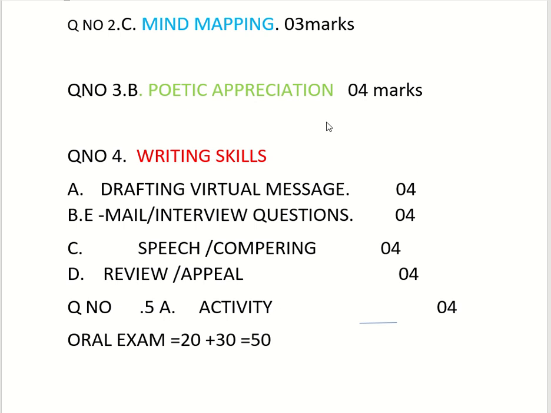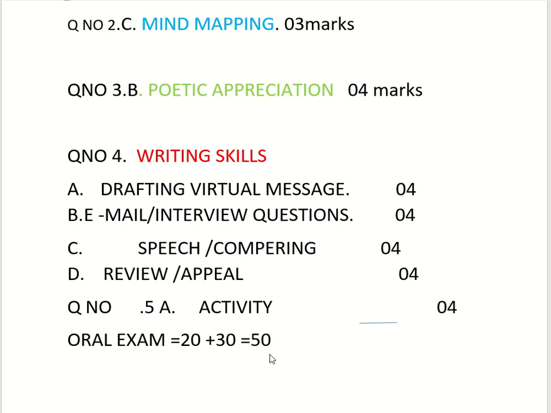Okay, friends, if we do the total of all these questions, it is 30, and you have 20 marks for the oral. So 20 plus 30 is 50. So friends, 50 marks you have in your hand. When you go for the oral, speak something.